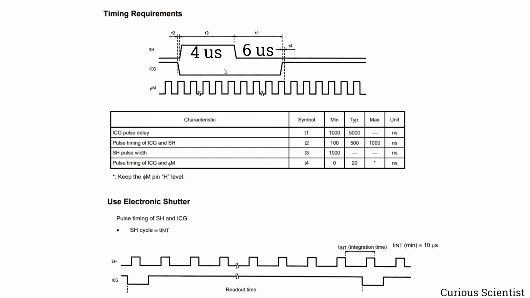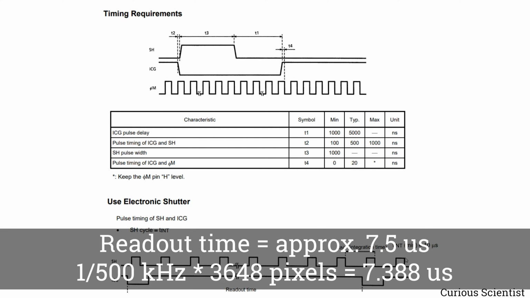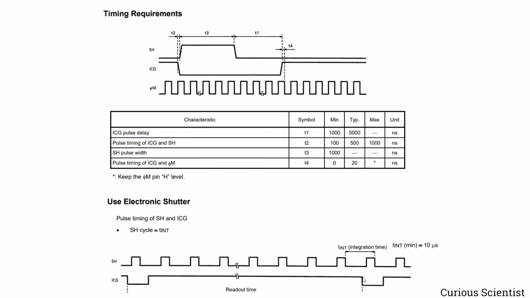That's why I picked these numbers, because then my 10 microsecond minimum integration time comes out very nicely. The maximum can be anything, but I will keep it at the same level as the length between two ICG pulses, so basically the readout time.